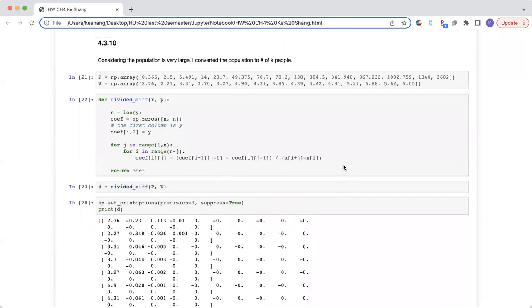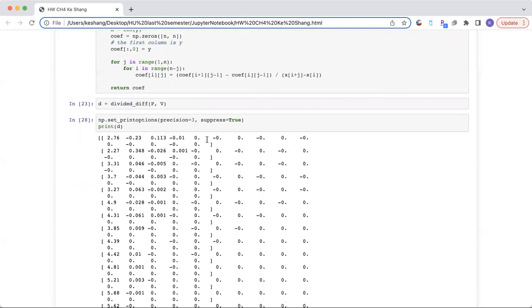For the next one, it's question number 10. P is the population and V is the mean velocity. So we have our data set here. I defined a function to calculate the divided difference, and we can get our divided difference in this table.